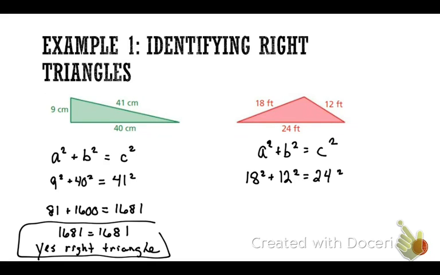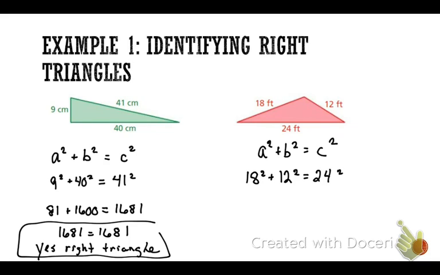All right, did you plug in your numbers where I plugged them in? Did anybody say 12 squared plus 18 squared the other way? No. Okay, so if you wrote 12 and 18 the other way, that's still fine as long as 24 squared is on the other side.